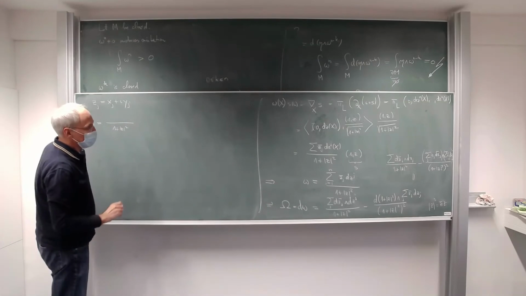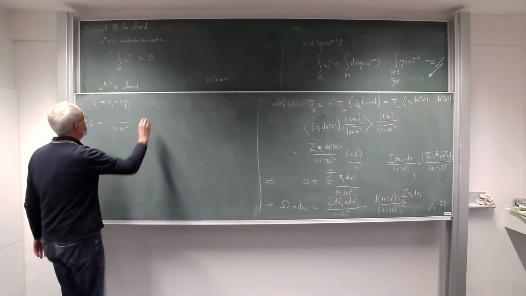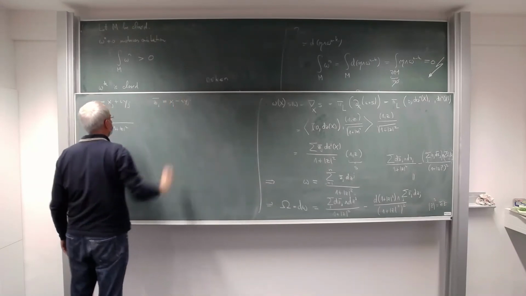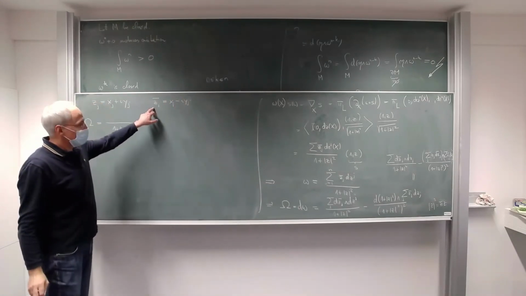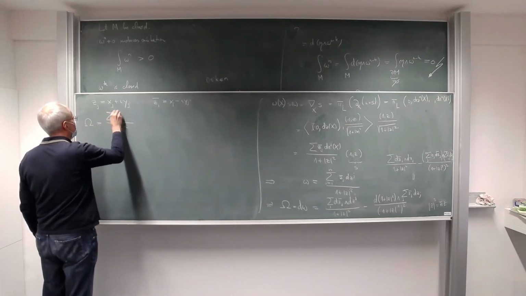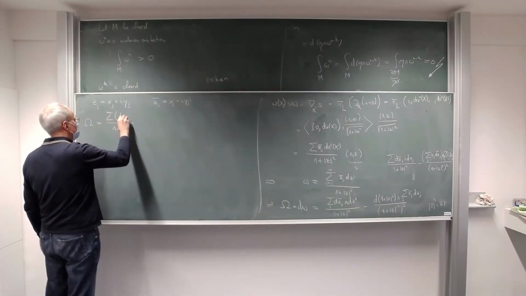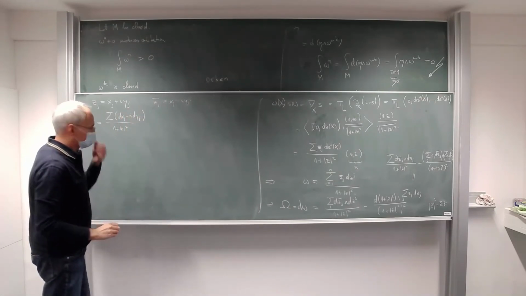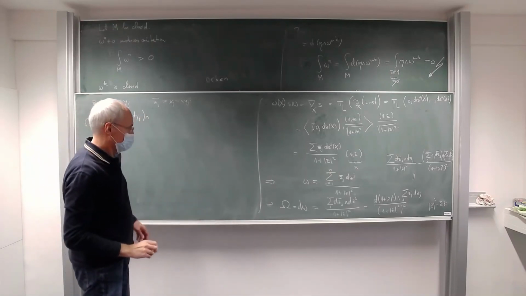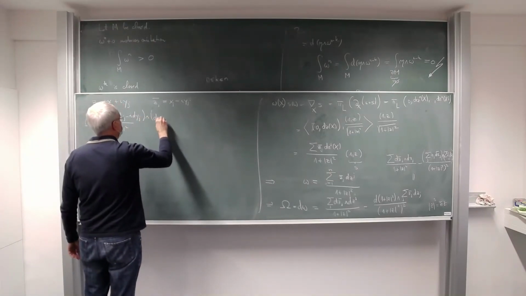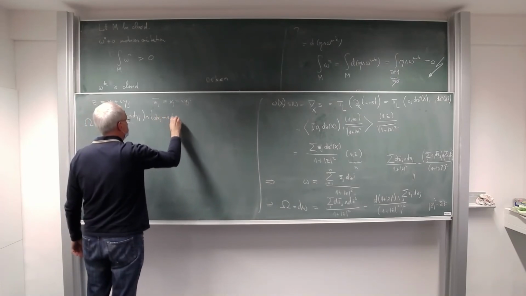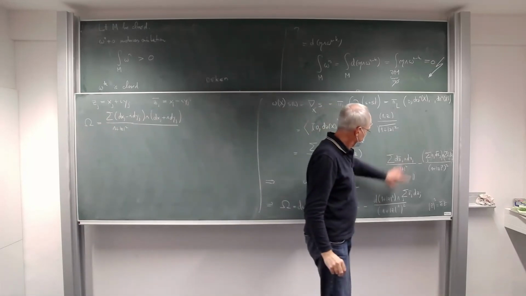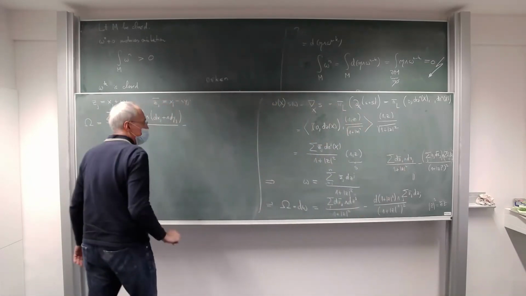Then we have this. Now if I hit this one with the differential, then I get dx_j minus i dy_j wedge dx_j plus i dy_j. So that's the first term, that's this term, minus.